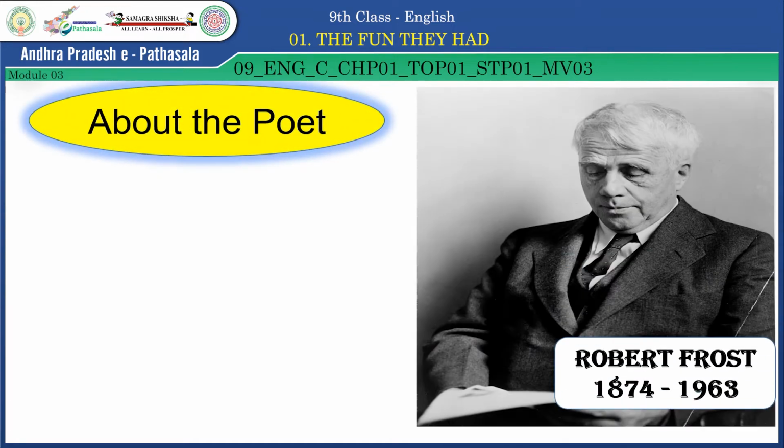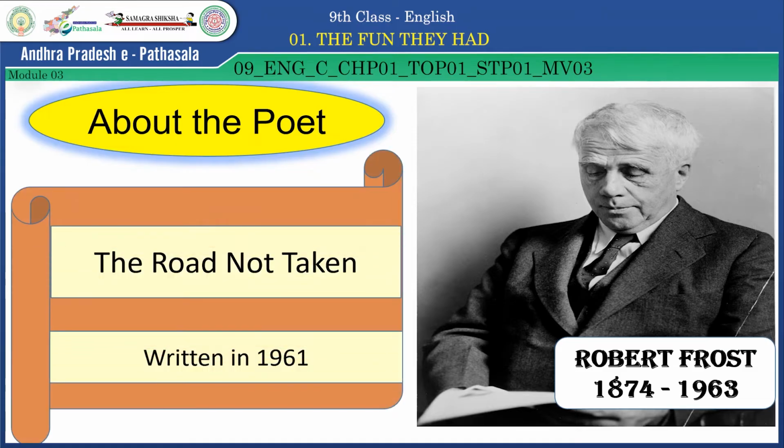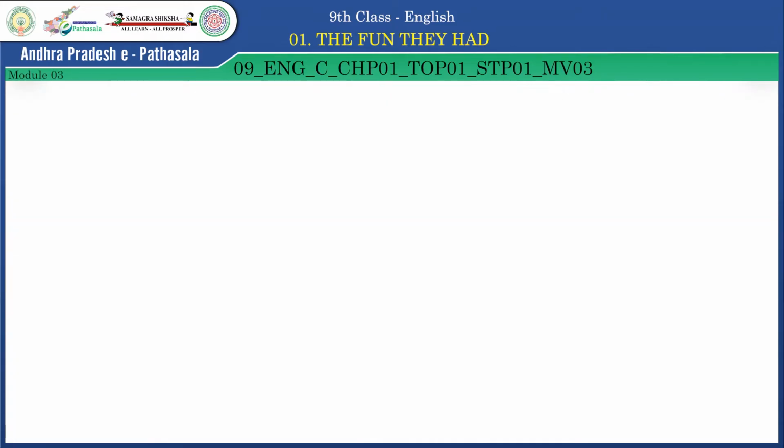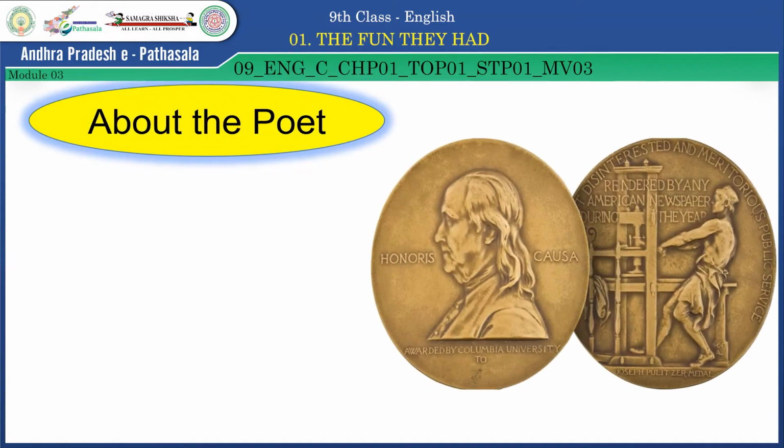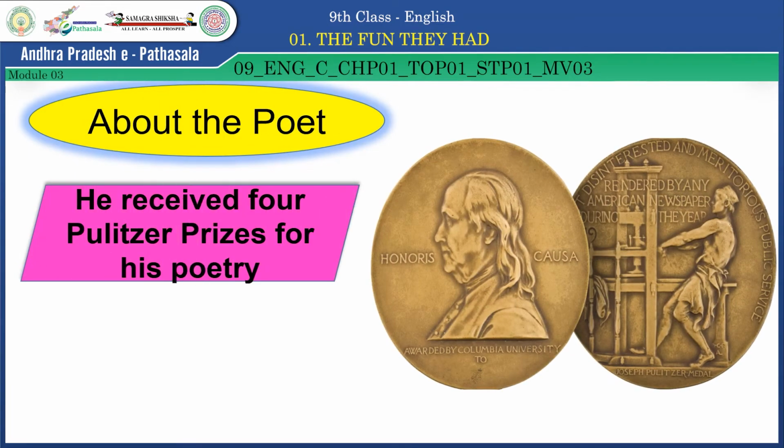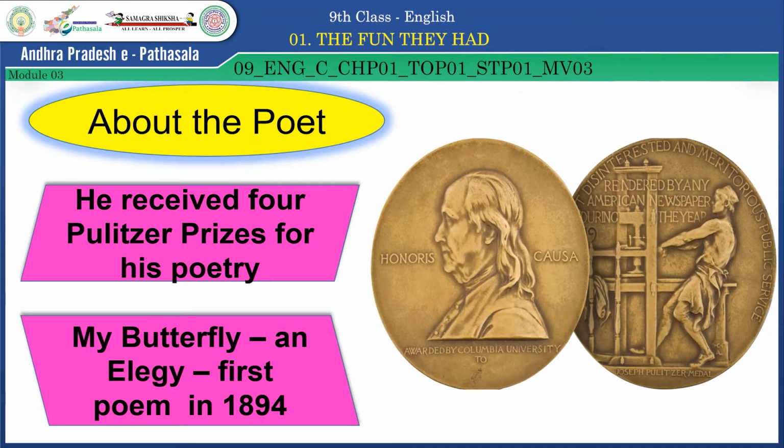Our present poet, Robert Frost, was born in 1874 and lived up to 1963. And the present poem, The Road Not Taken, was written in 1961. He received 4 Pulitzer Prizes for his poetry, and My Butterfly, an Elegy, is his first poem, written in 1894.